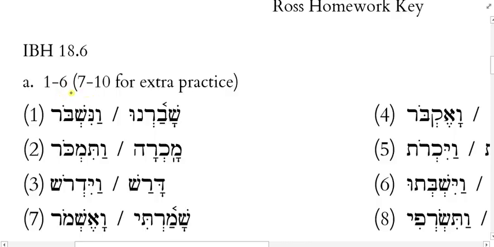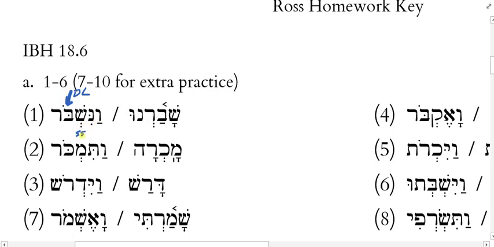So the question is, why is there a Dagesh forte right here? And the answer is, there's not a Dagesh forte right there. What kind of Dagesh do we have here? That is a Dagesh Lene, right. Now, how do I know for sure that's a Dagesh Lene?